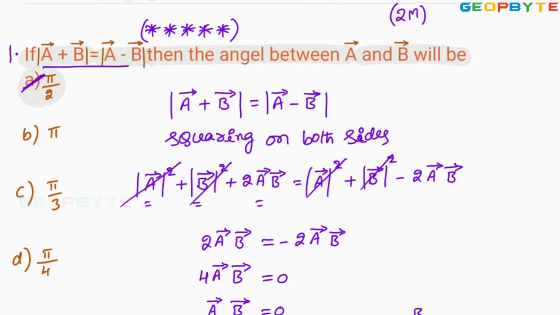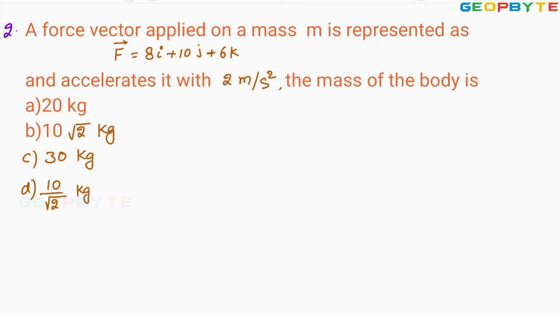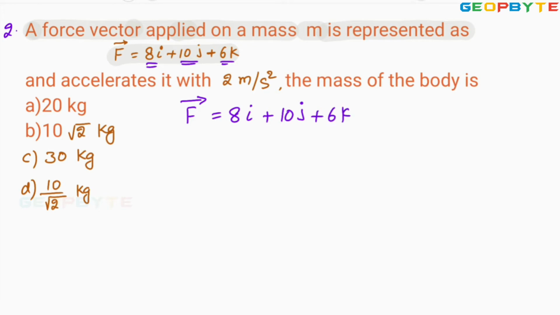Let us take the second problem. A force vector applied on a mass m is represented as F equal to 8i plus 10j plus 6k, and it accelerates the mass with 2 meter per second square.